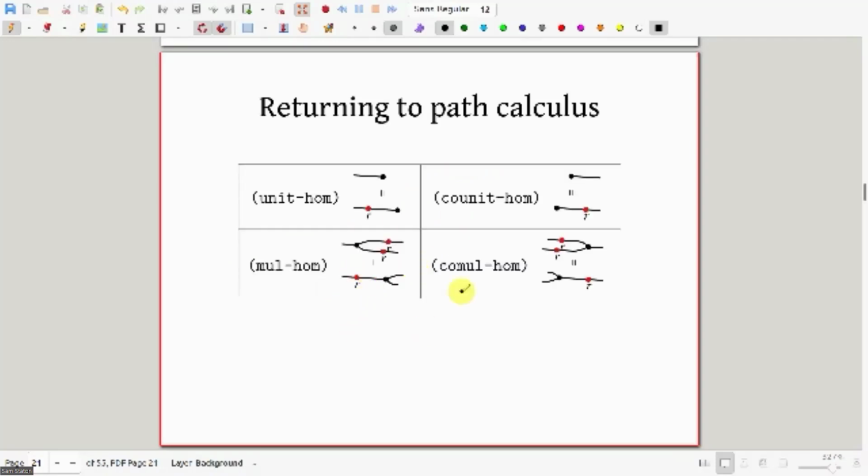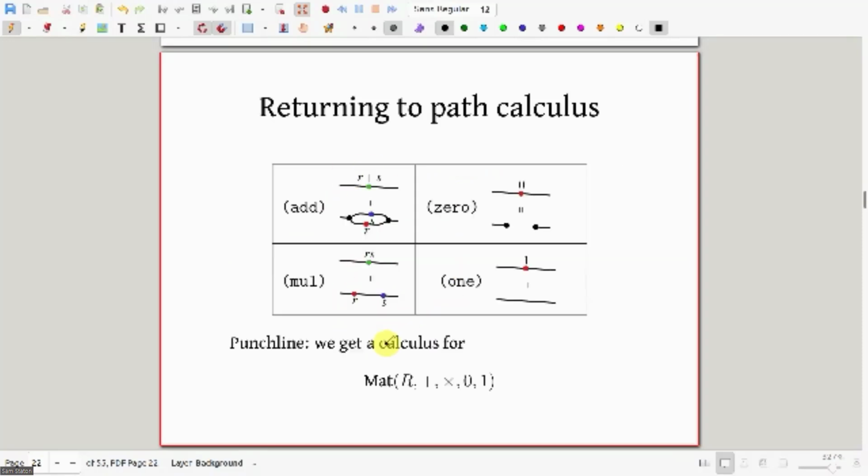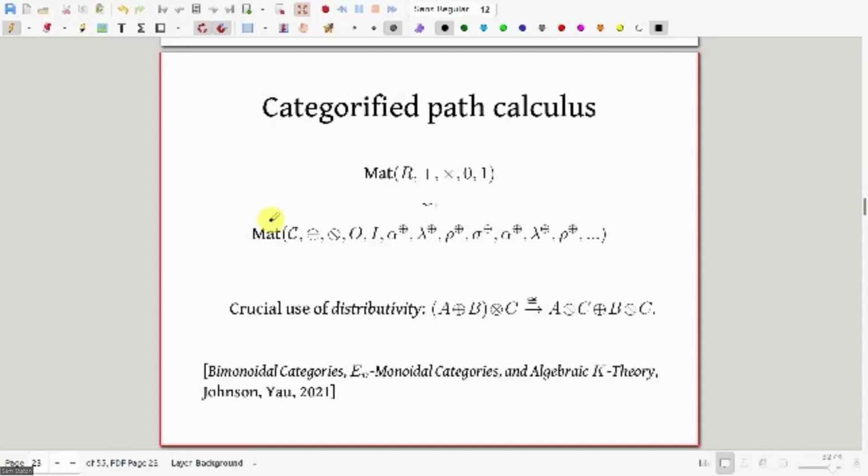And you can do that, and there's a bunch of rules for how this works. The punchline here is that you'll recover the theory of matrices over your semi-ring from this calculus with decorated paths. And so what is this going to look like when we categorify this stuff now?